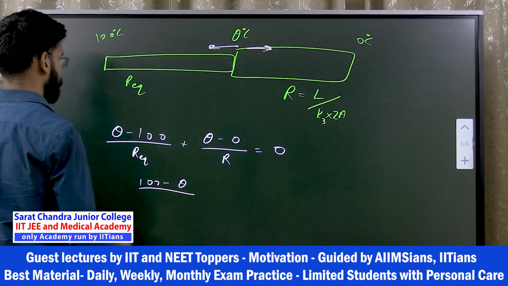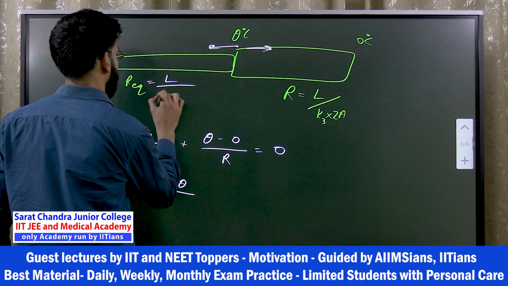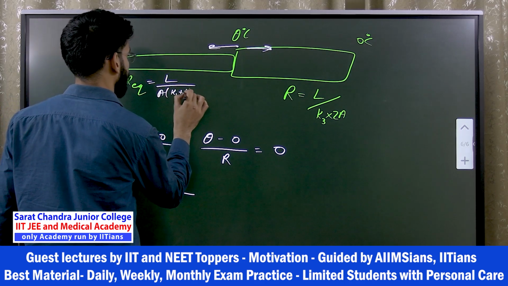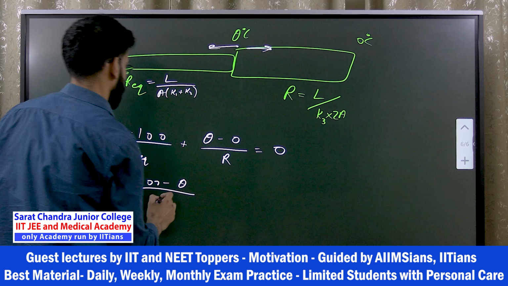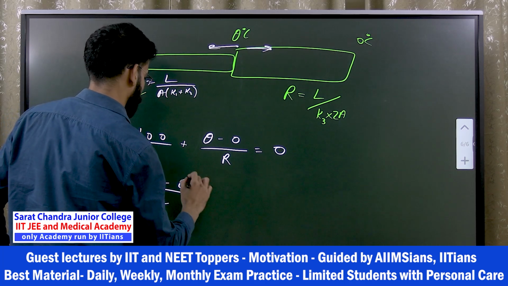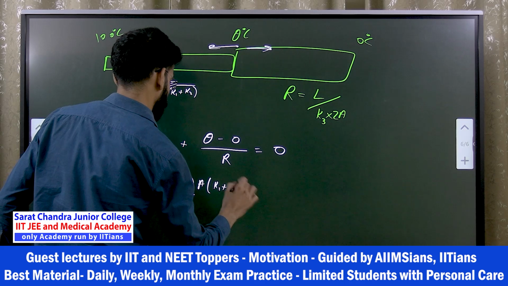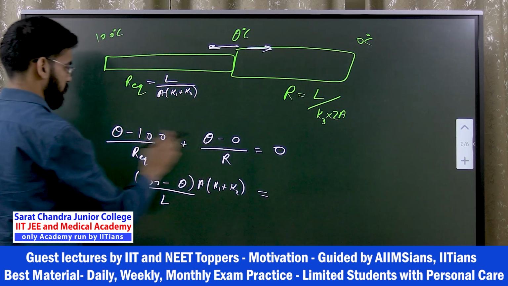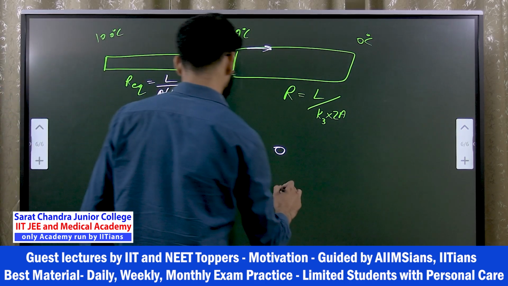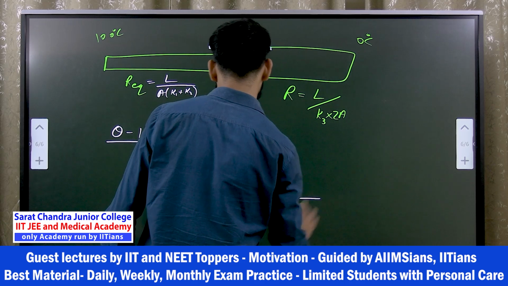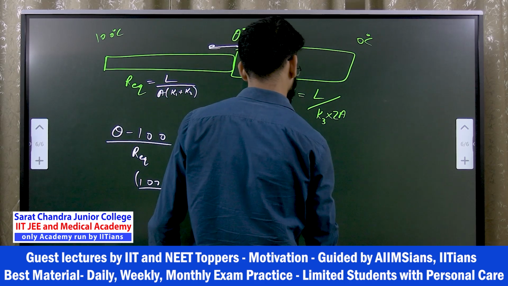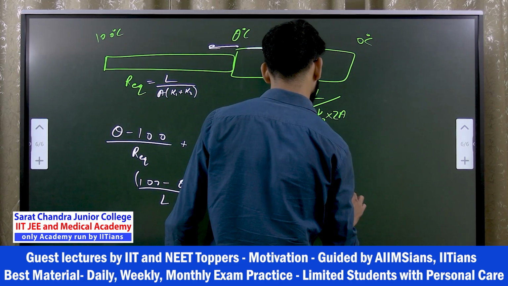L by A into K1 plus K2. So put that value, L times A into K1 plus K2, is equal to, because I took this quantity to that side to make it positive, theta divided by R. The R value is L into 2A into K3.